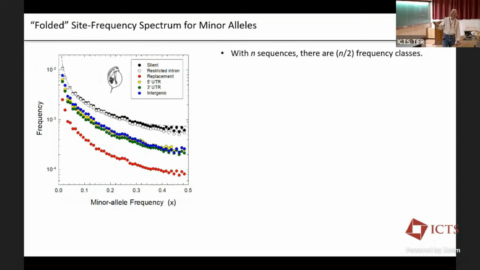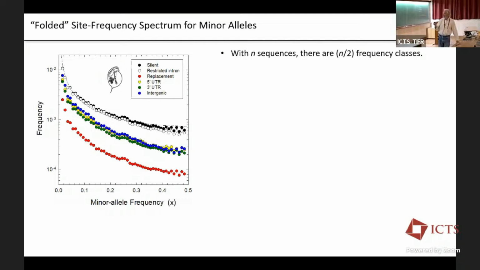And so you see, they don't rise as frequently to really high frequencies because most of them are deleterious and they're being removed from the population. We're talking about what we call the folded site frequency spectrum. We're only going up to a frequency of 0.5. So 0.55 is equivalent, just flipping it over, it's added in the 0.45 bin, because we don't know the derived states of the alleles in this particular case.